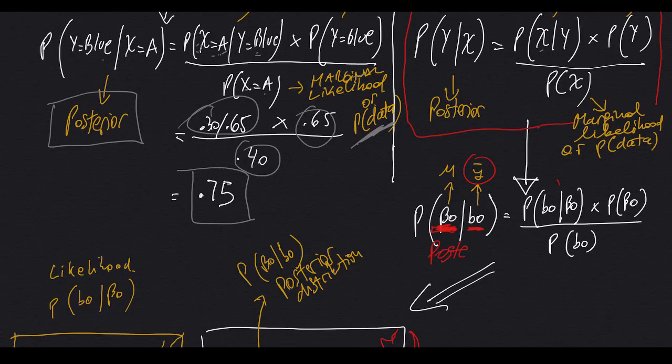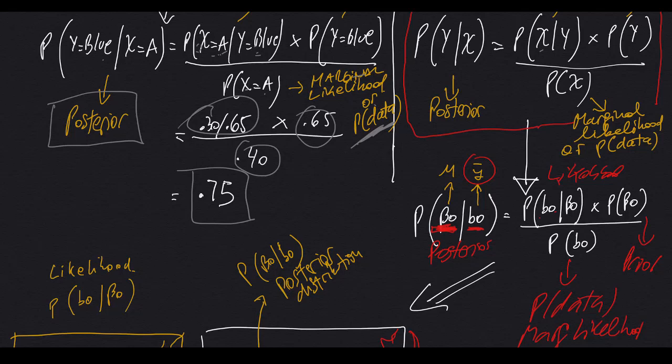So basically this is the posterior, and this is the likelihood. This one is the prior, and this one is the probability of the data, or marginal likelihood. Okay, so that's the probability of B0 given that a specific value of beta 0 was observed, times the probability, sorry, I come back to the likelihood.